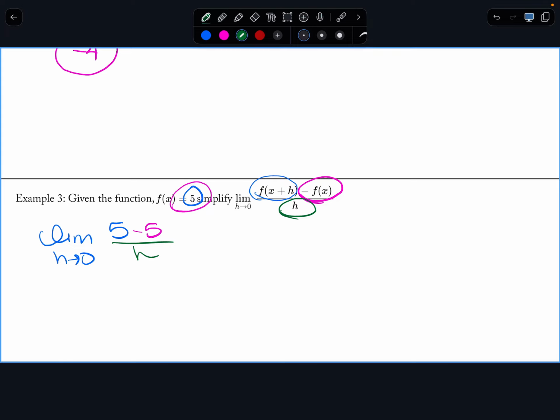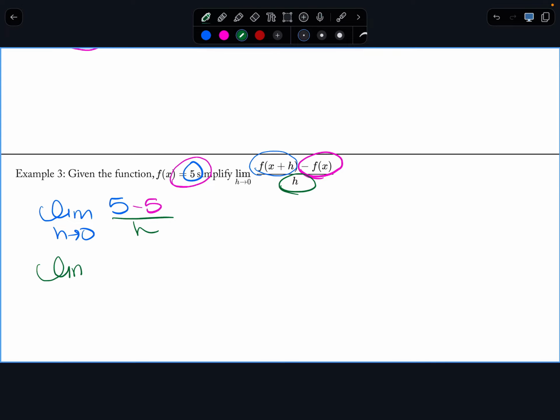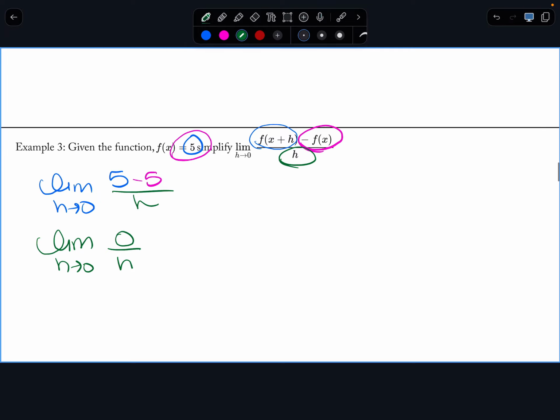But now what I get is the limit as h approaches 0 of 0 over h. 0 in the numerator, doesn't matter what's in the denominator, that's 0. So overall, this is 0. I reduce first. This 0 over h becomes 0, and then there's no h's left over. And then I'm done.